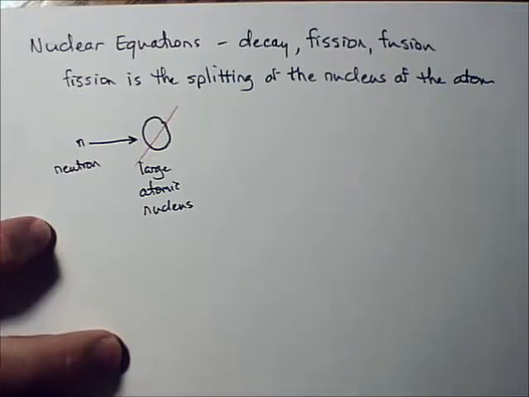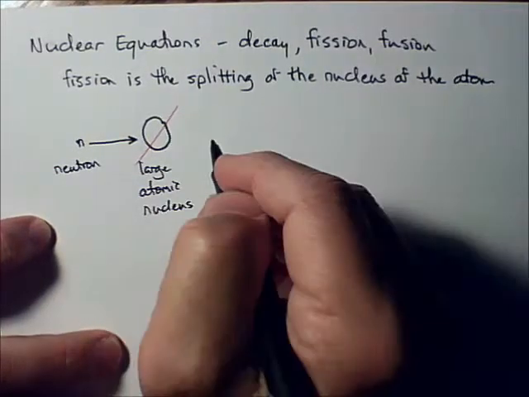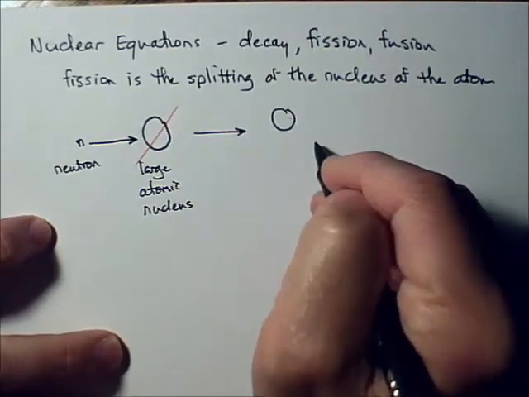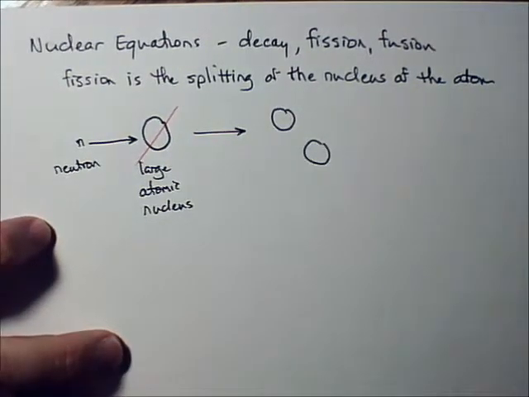All right? And so as a result of it splitting in two, we're going to get a couple of smaller nuclei.